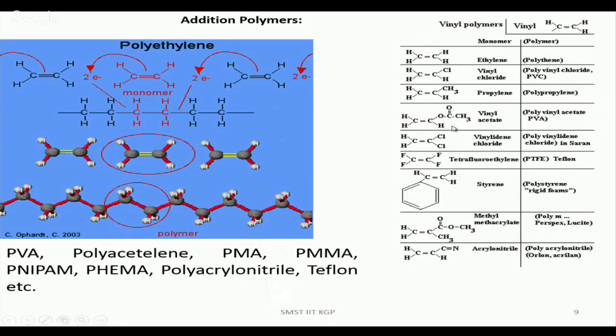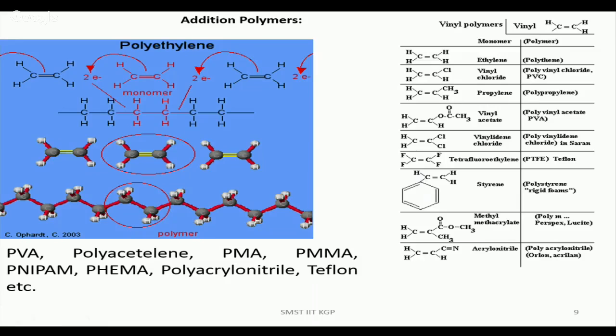And we have polyvinyl acetate, which has this acidic group, and when you hydrolyze it we get polyvinyl alcohol. We have vinylidene chloride, polyvinylidene chloride, and we have Teflon. You see, when ethylene is fluorinated we get polytetrafluoroethylene. This polymer is water repellent and fire retardant.